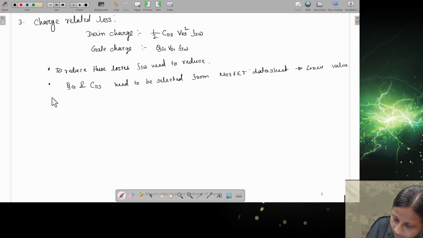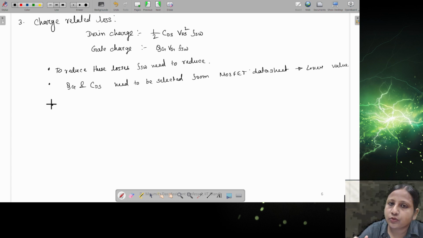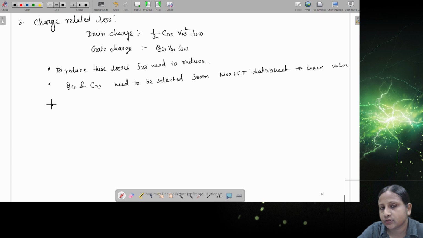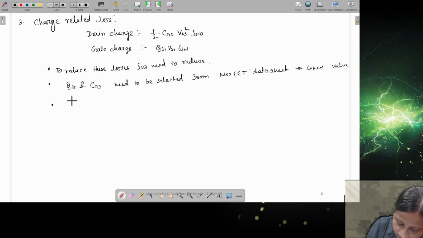Now there are actually two things: either we can reduce the conduction losses or we can reduce the switching losses. Both cannot be reduced at the same time. So then what do we need to do? We have to optimize these values, trading off.